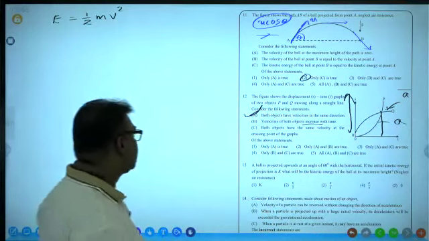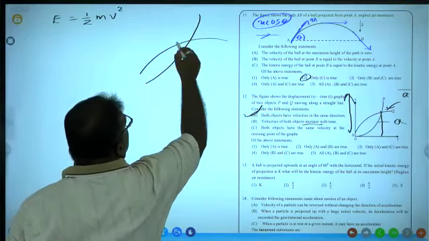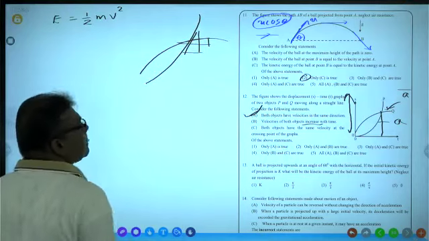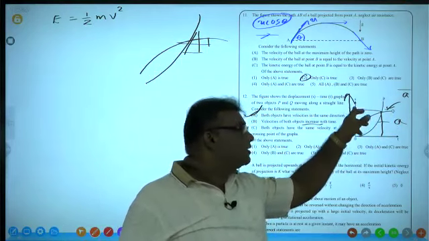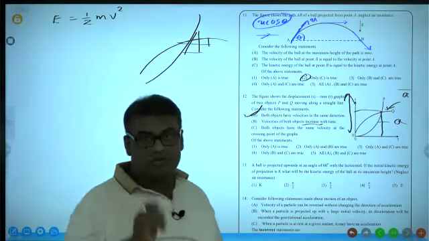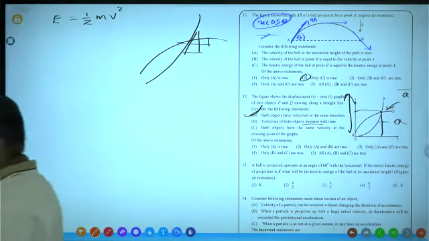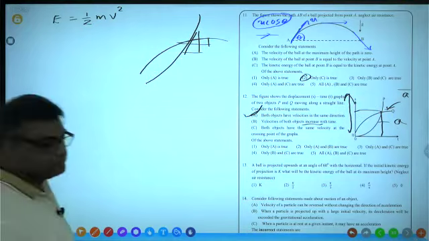Two gradients: one is having a high gradient, the other one is having a low gradient. Can you see that? Yes. When they are meeting and crossing each other, they have the same displacement. That's all. In a displacement-time graph, they will have the same displacement, right? Okay, done. That could be the correct procedure.